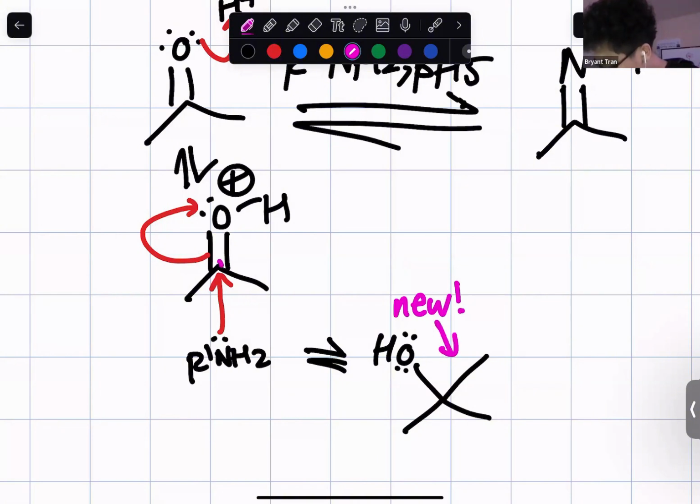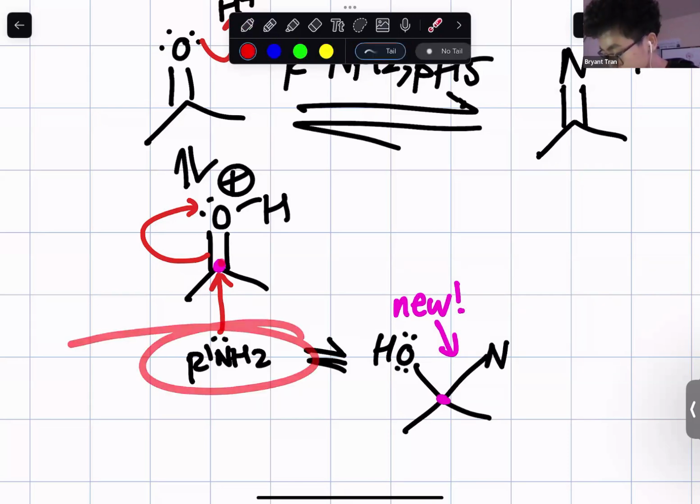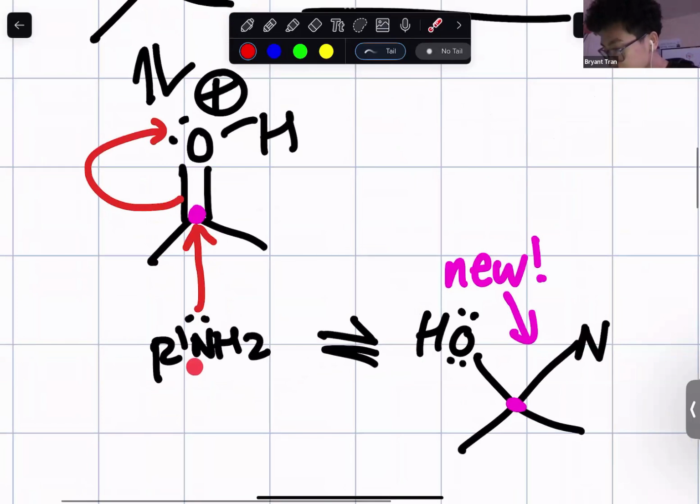New bond between the carbonyl carbon and this nitrogen of the amine that we used to attack that carbonyl carbon right there, right? But everything else that is attached to this nitrogen, like if I highlight it in yellow, that highlighted yellow nitrogen right there, everything else that is attached to it follows it as well.